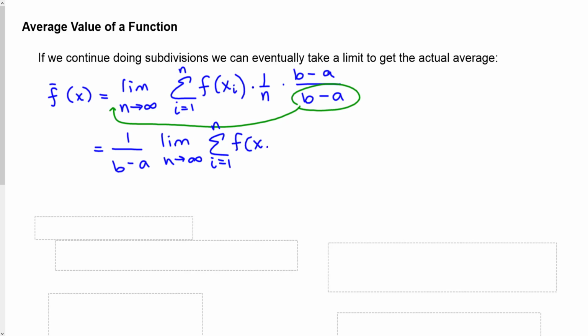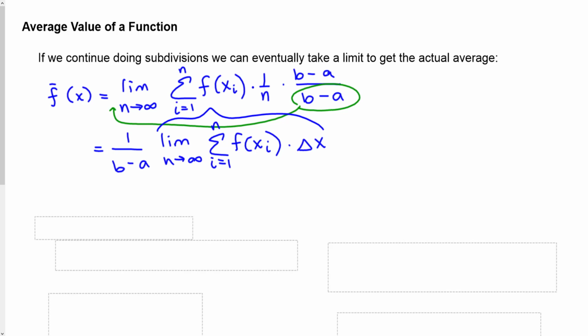Now I have b minus a over n. b minus a over n is the width of our interval divided by the number of subintervals. That is exactly how we define delta x. Now this thing right here, that is exactly the definition of my integral.